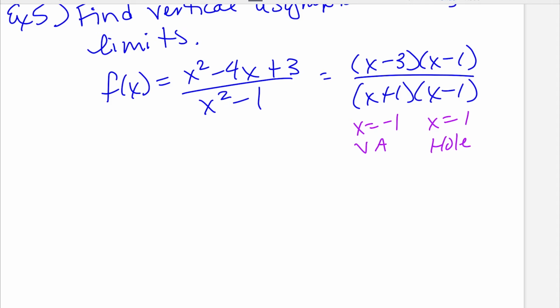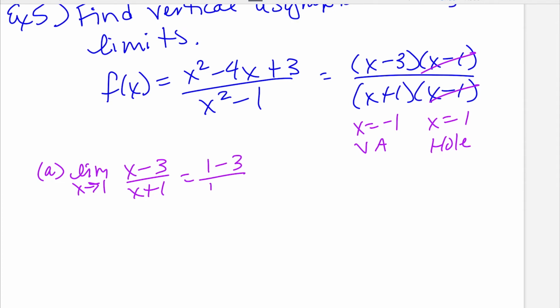So here, I'm going to take my limit as x approaches 1, right? Whenever I cancel this out and cancel this out, I get x minus 3 over x plus 1. So my limit as I approach 1 is 1 minus 3 over 1 plus 1.